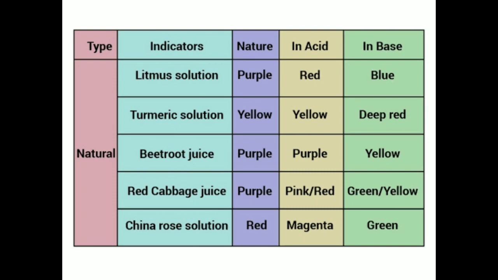From that we make two papers, which we call litmus papers. Two colored papers are available in the market, one blue litmus paper, another red litmus paper. So we can use these colored papers to test whether something is acid or base.